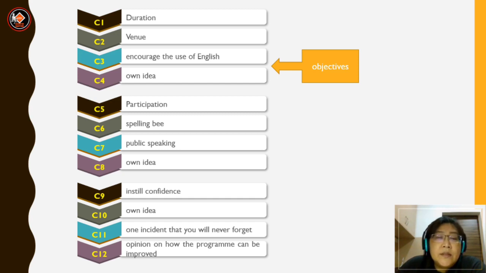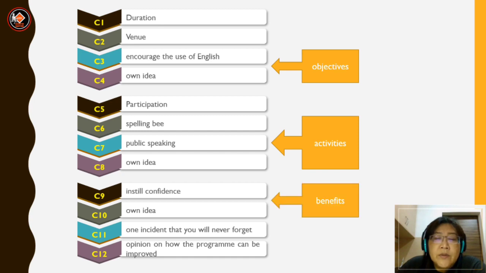Then C6, C7 and C8, they are activities. You have spelling bee, public speaking, and your own idea. Next, you have the benefits, where you have instill confidence, and then again your own idea. Then C11, one incident that you will never forget. And then C12, your opinion on how the program can be improved.